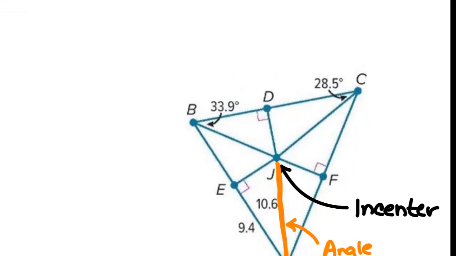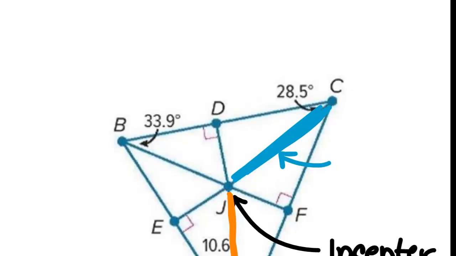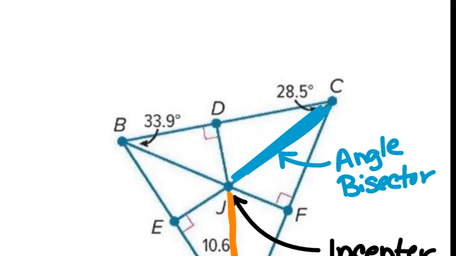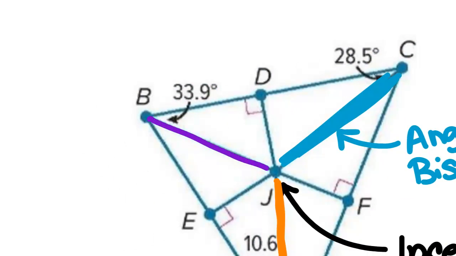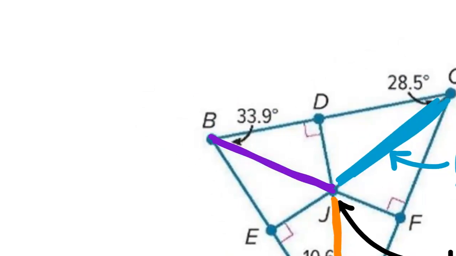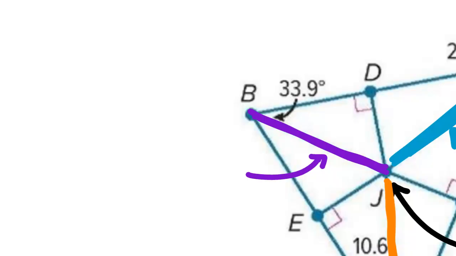What is this segment called? Angle bisector. What about segment BJ? What is that segment called? Angle bisector.